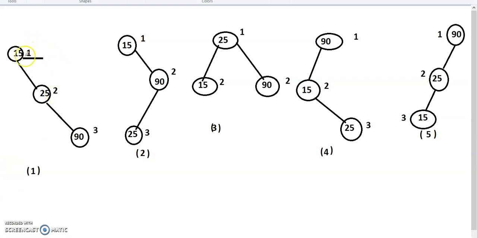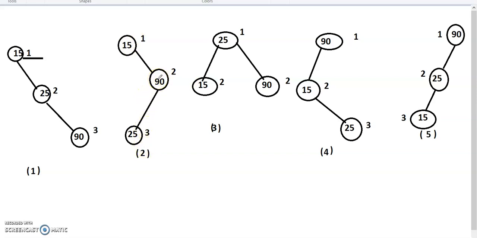That means first of all we need to compare 15, then we go to 25, and here we can find it. So 2 comparisons are needed to find 25. For 90 we need 3 comparisons. First we compare 15, 25, and then we come here. Like that, comparisons for 15, 25, 90 are 1, 2 and then 3.